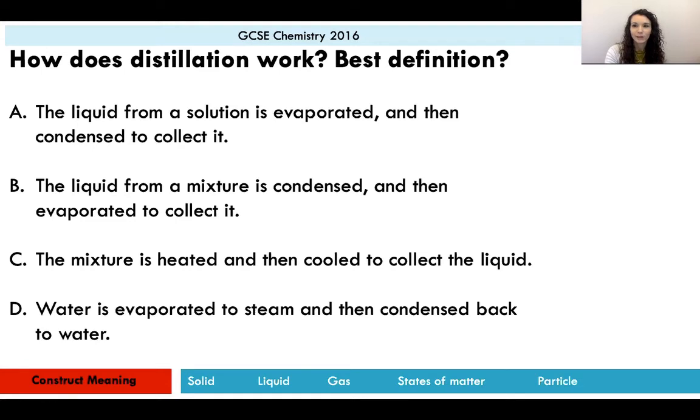So pause the video and have a go at doing that. Fab. So I think the best definition is A. So the liquid from a solution is evaporated and then it is condensed to collect it. So that's the simplest and the best definition for how simple distillation works.